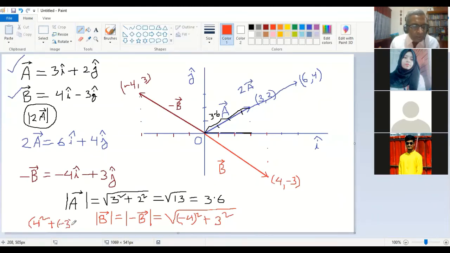In both ways you will get the same answer. After doing the square root, it will be actually 5: 16 plus 9 is 25, and root over 25 is 5. So what does that mean? That means this length is 5, and if it is minus b, that is also 5.